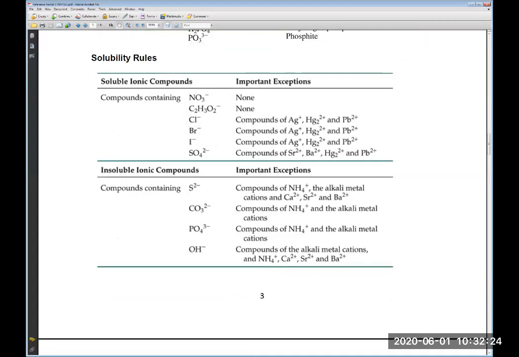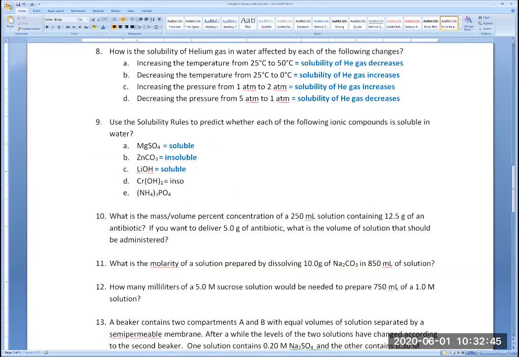It's not ammonium, calcium, strontium, or barium. So that means it's insoluble. Do the other one by yourself and tell me if it's soluble or insoluble.